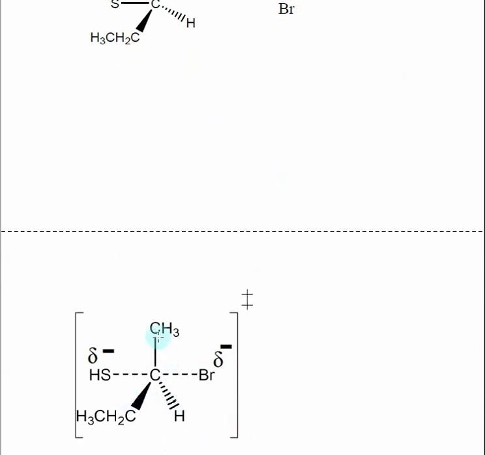The idea is when I'm starting, these bonds were pushing to the left. During the transition state, they're flat, and then when I push off the bromine, these bonds are going to be pushing to the right, and it's very much like an umbrella blowing open inside of the wind where it inverts.